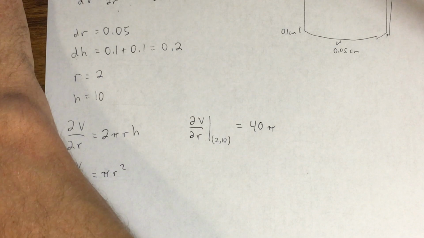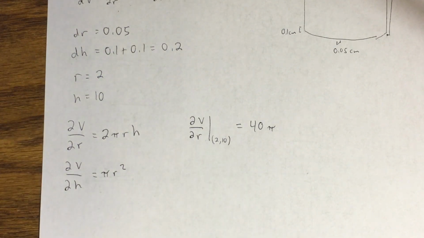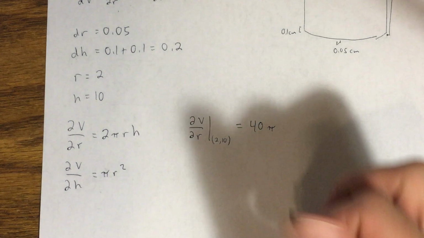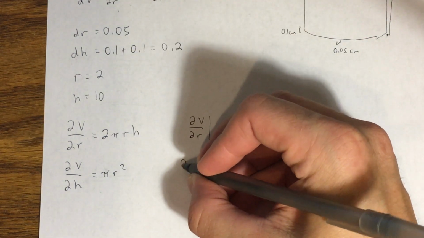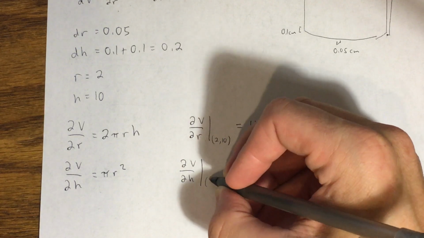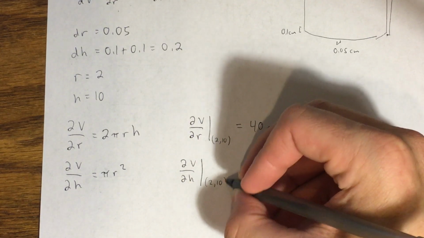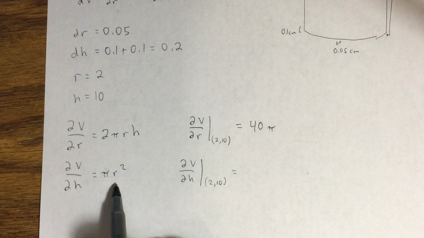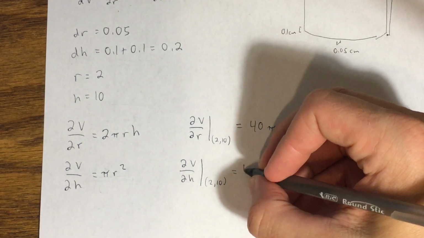And then let's see, just make sure I'm plugging these in the right way. If I find the partial of v with respect to h, which we just found, and plug in 2 and 10, now r is the only variable making an appearance. This becomes 4 pi.